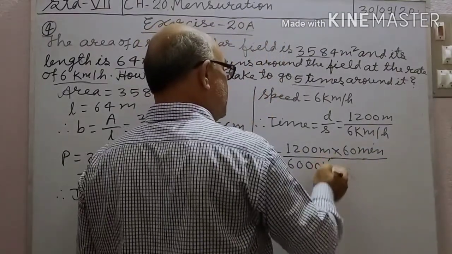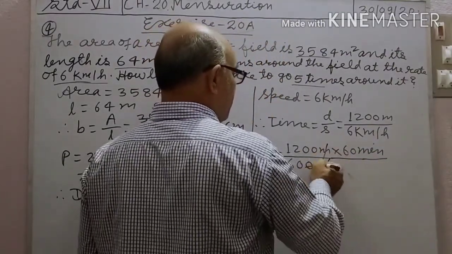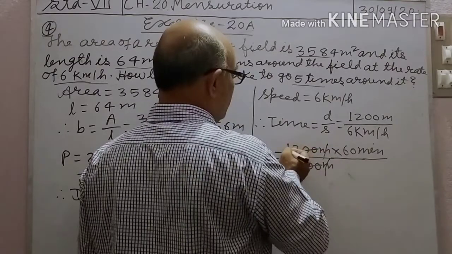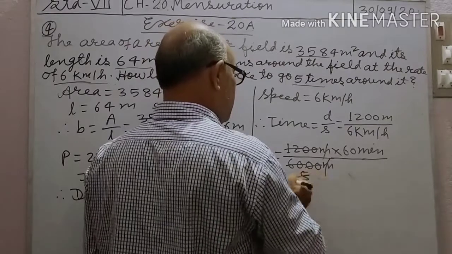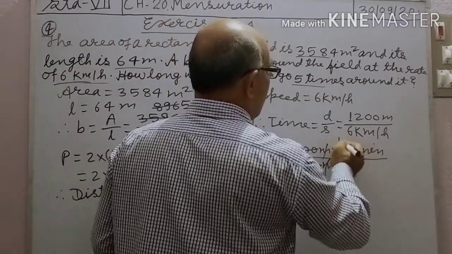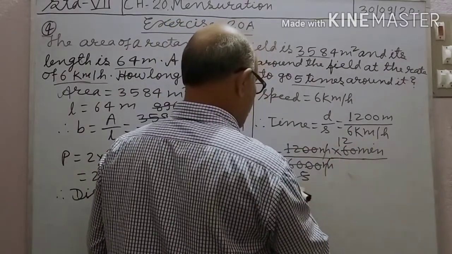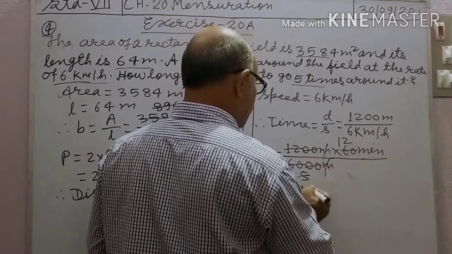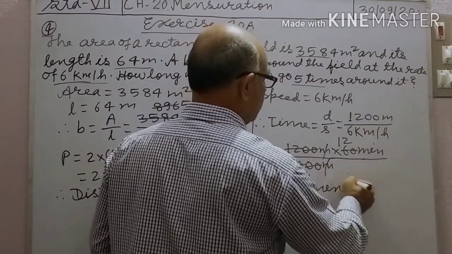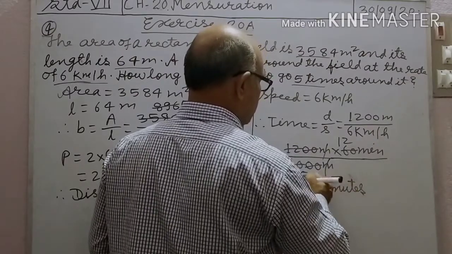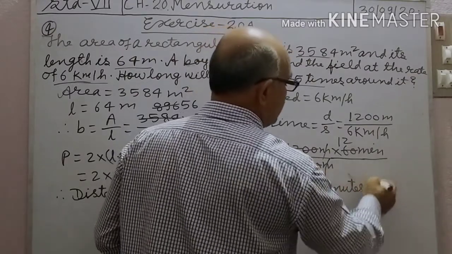Now cancel it. Meter to meter, double zero to double zero. 12 5s are 60 and 12 5s are 60 also. So the answer is 12 minutes.